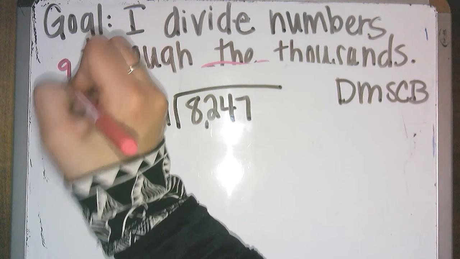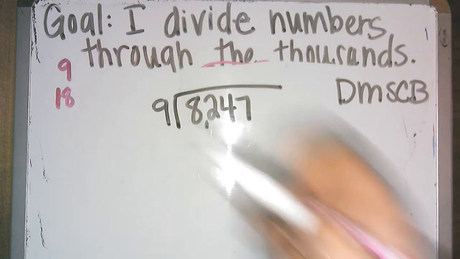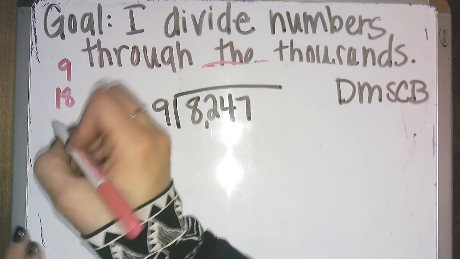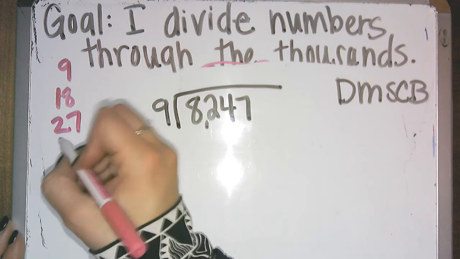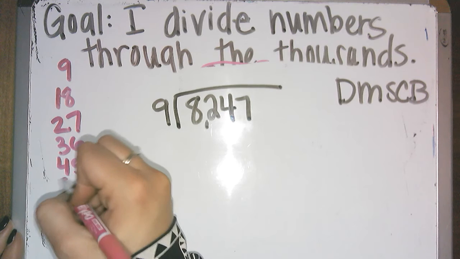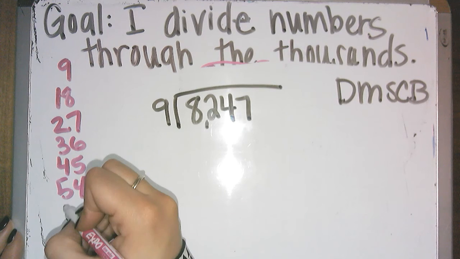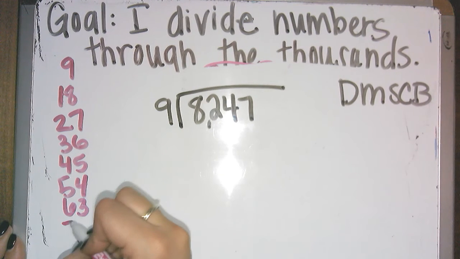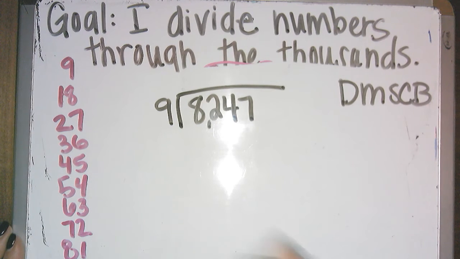So I'd go 9, 18, and if you're thinking, Miss Johnson, I don't know how to count by 9s, then you just add 9 each time. I need to add 9 more, 27, add 9 more, 36, 45, 54, 63, 72, 81.